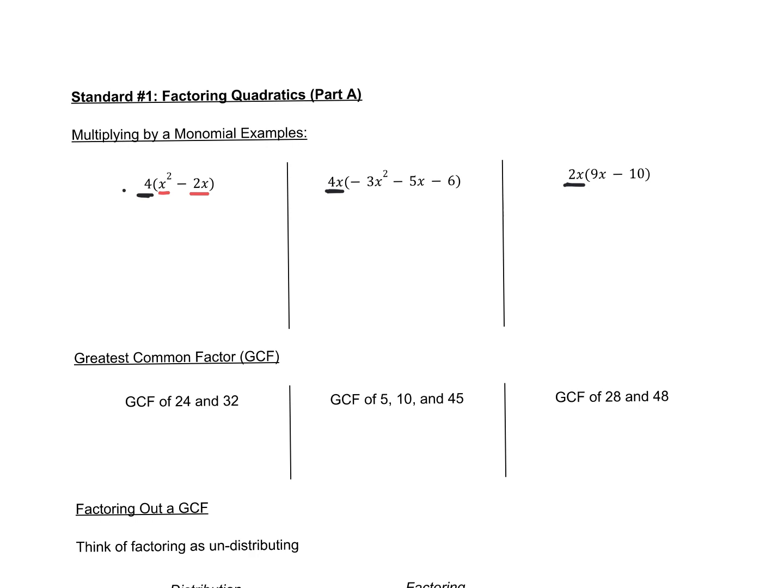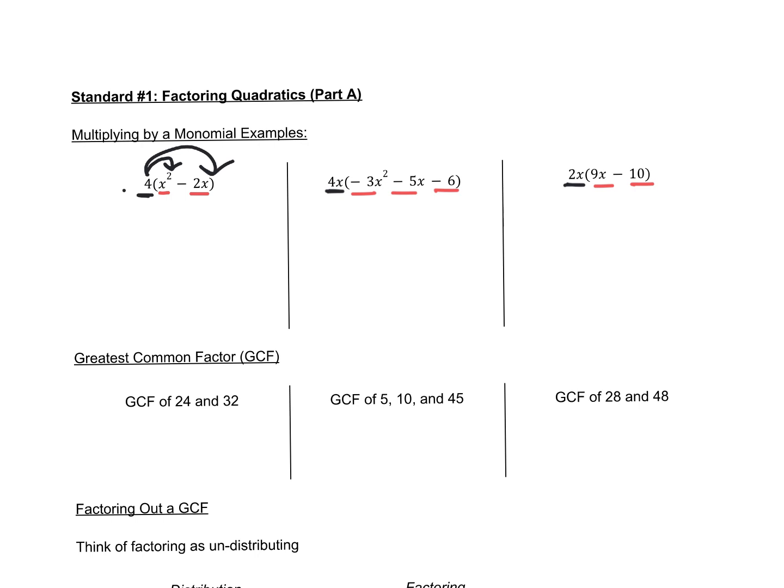So the first example, there's one number out front, two terms in the parentheses. The second example, there are three terms in the parentheses. Third example, there are two terms. And so to multiply, all we're doing is distributing. So we're going to take this number in front of the parentheses and distribute it to the first term and then to the second.